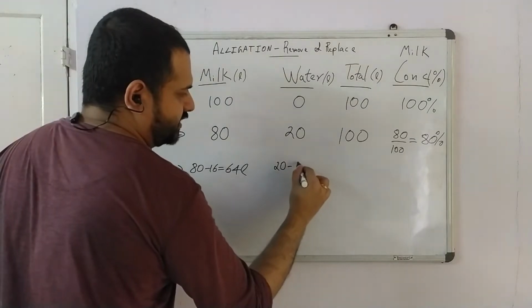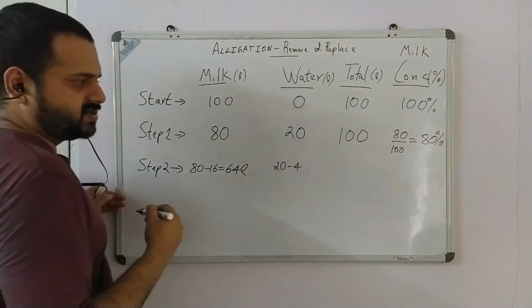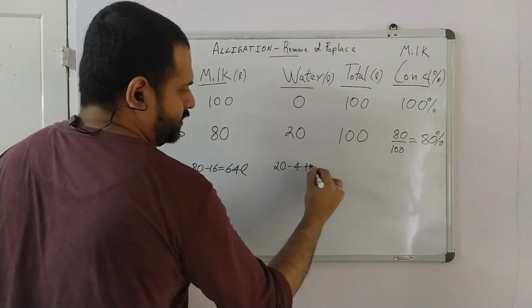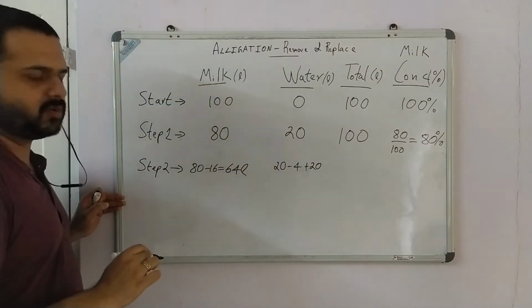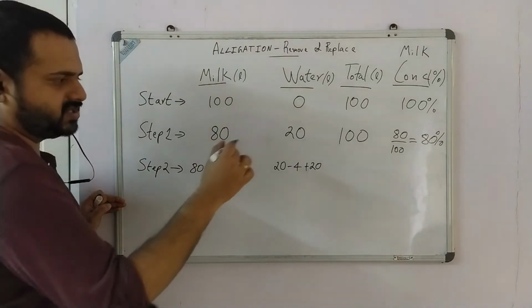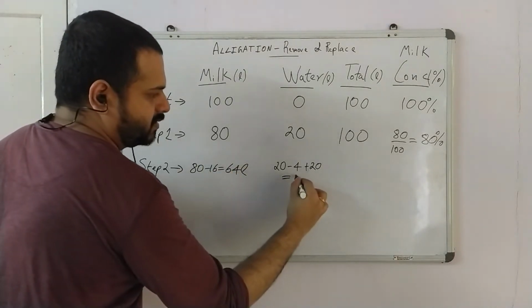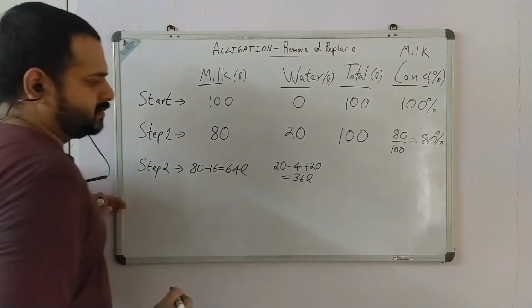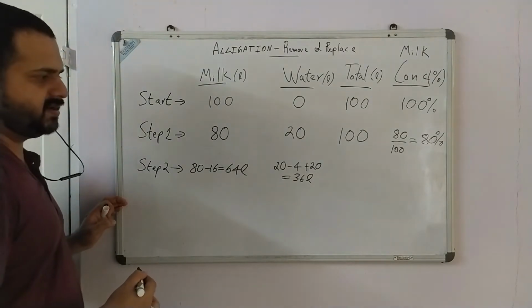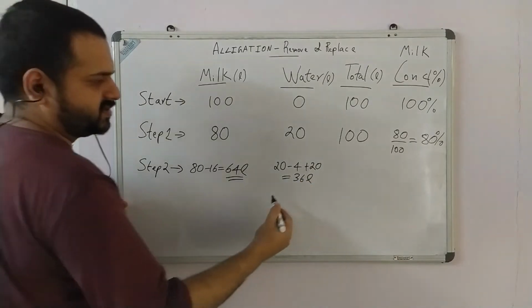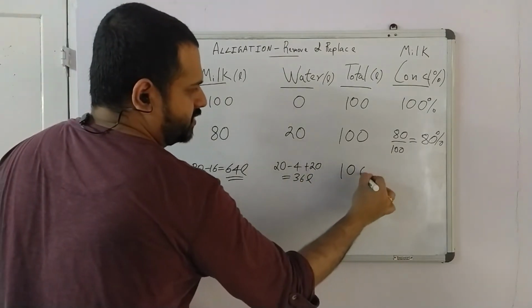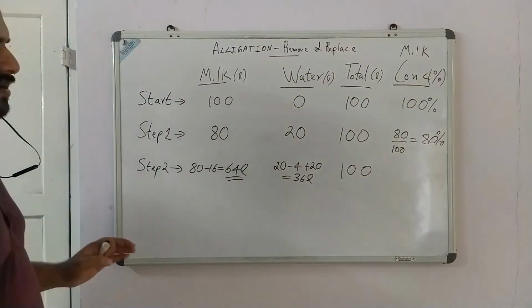Out of that we saw that 4 liters came out, right? And you replace it with another 20 liters of water, correct? So how much water do we have now? 36 liters of water, right? And what is the total volume? 64 liters plus 36 liters, which is equal to 100 liters, correct?